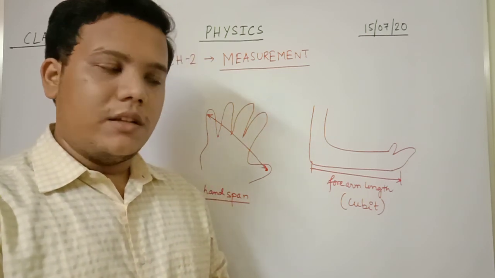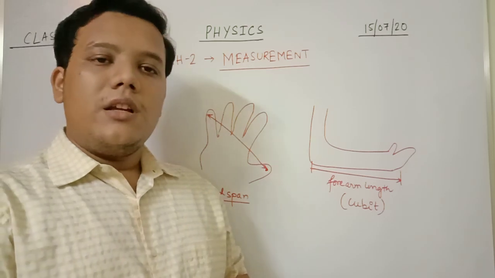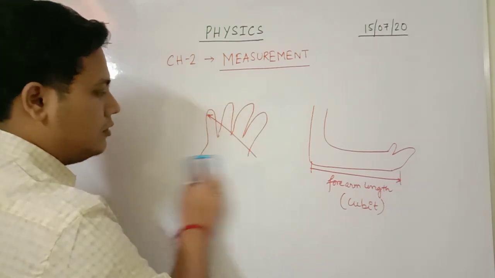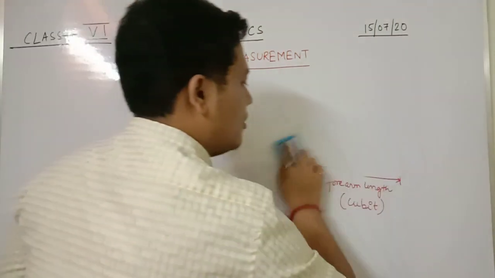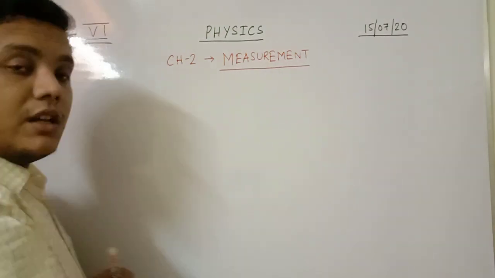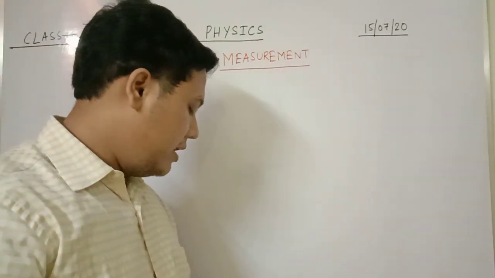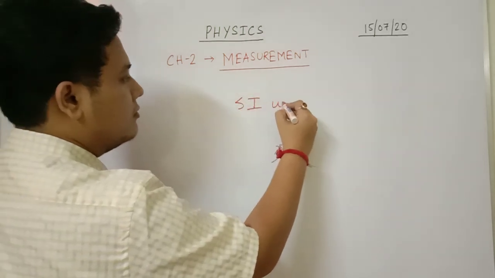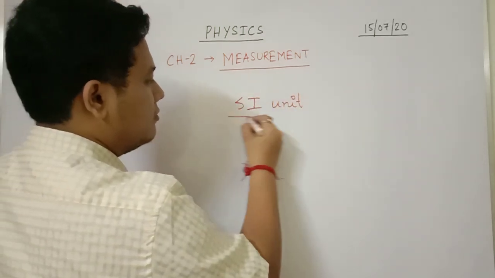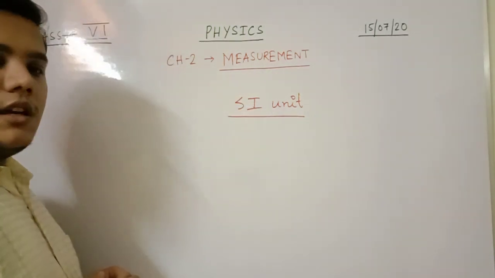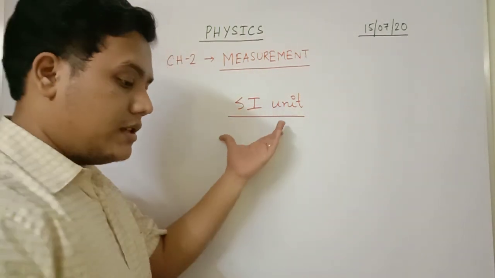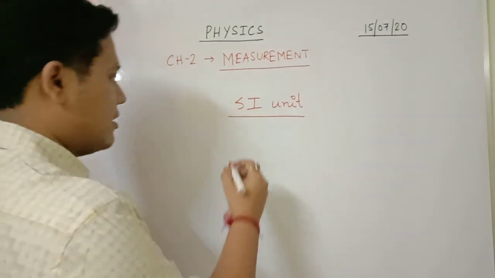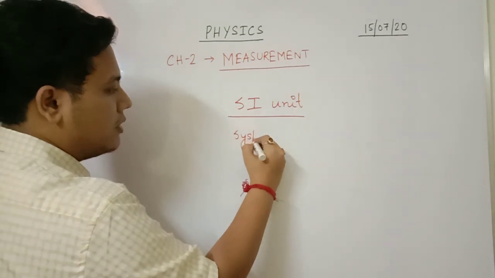In order to avoid this, scientists invented a standard unit, which is now internationally maintained, and that is called the SI unit. This is called the SI unit. SI stands for, this is the short form of, the Système International des Unités. This is the short form of a French phrase.